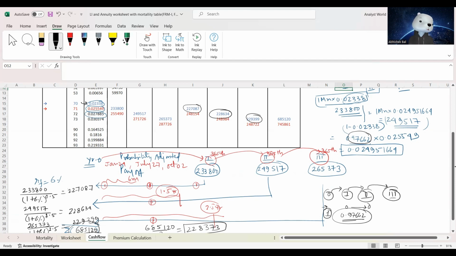Well, that is again 1 minus 0.025549, exactly this which we have gotten here.